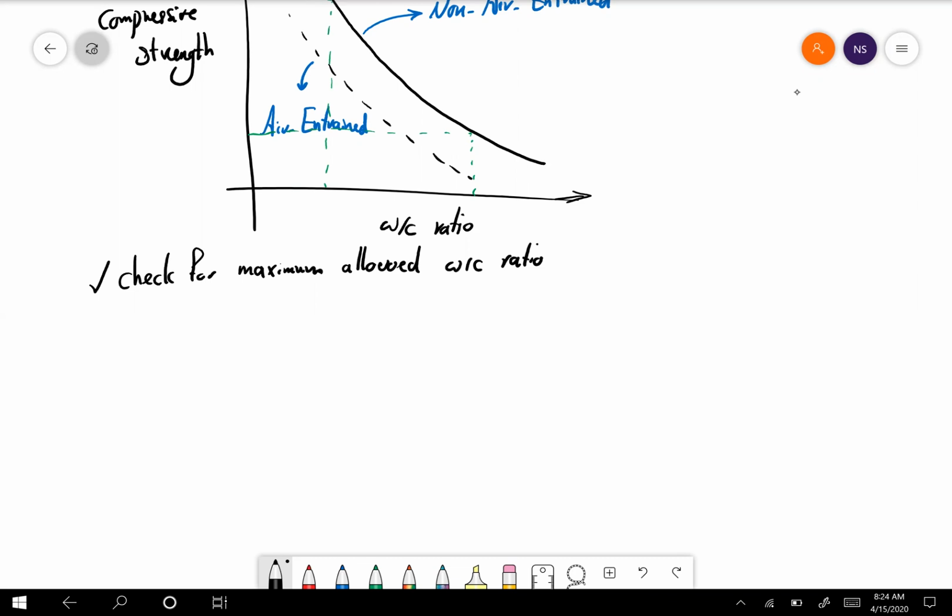Why do we need to check for that? Because severe exposure conditions require lower water to cement ratio.